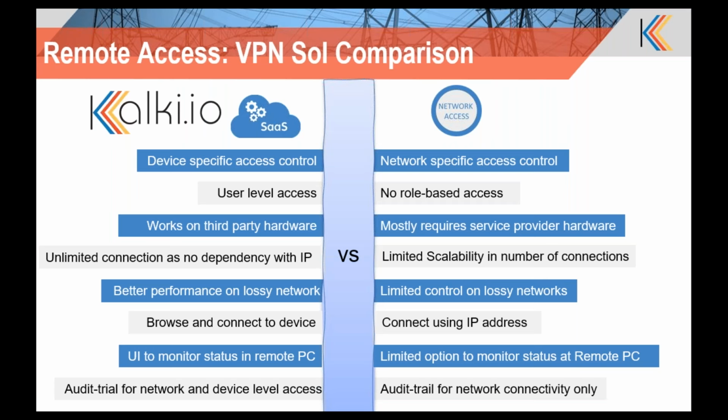If a user has logged in as an operator, there should be an access privilege control mechanism where he can only monitor the data; reprogramming or updates cannot be done by that operator. In the case of a VPN, we cannot have that kind of control. If one user has got access to a network, he usually has access to all the nodes in that network. So that is another disadvantage.